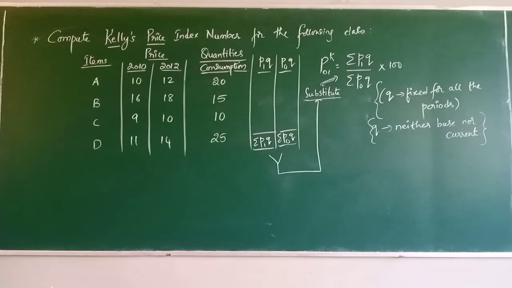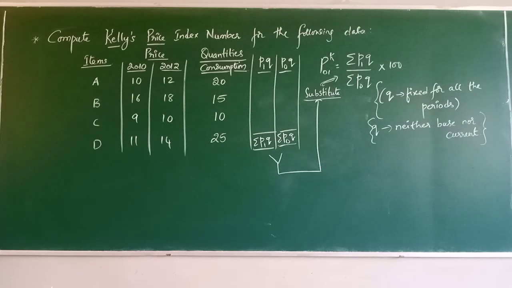Right? And look at the formula there: P01 K, Kelly's price index number, equals summation P1 Q by summation P0 Q multiplied by 100. According to that formula, first and foremost we need to take down the notations. Under the prices, 2010 will become P0 and 2012 will become P1.